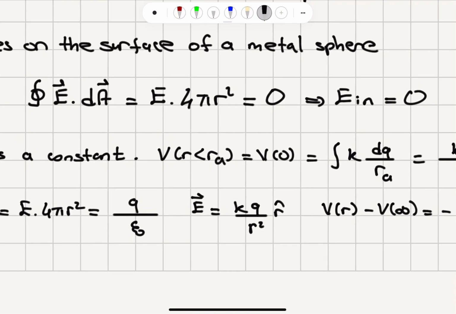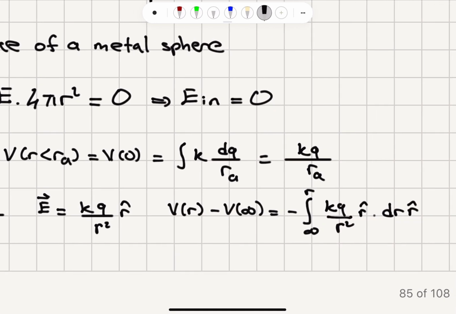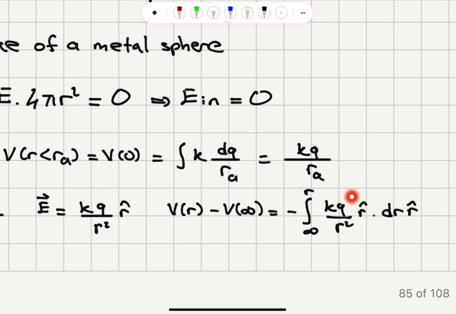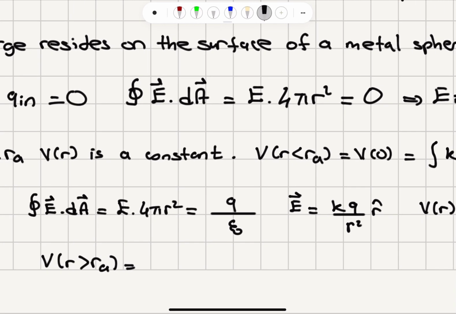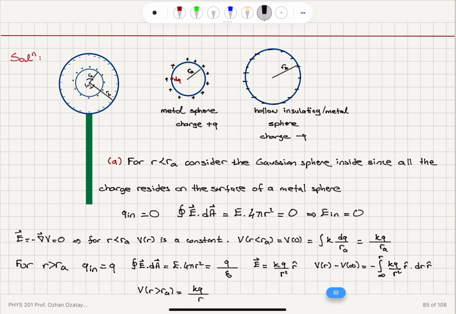And then I will find that the potential V of r greater than r sub a is equal to, because the integral of kq over r squared is minus kq over r, minus signs will cancel, just kq over r.